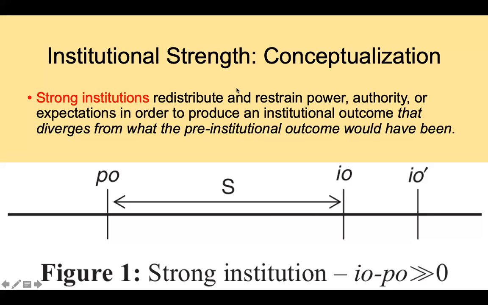So as long as we're on a similar page here, let's begin to talk about what makes an institution strong or what strong institutions do. If we're talking about formal rules, say the mining regulations that companies have to follow, the practices that they have to avoid and the practices that they have to follow. If we're talking about the rules about what kinds of financial derivatives banks can sell and what kinds they can't.